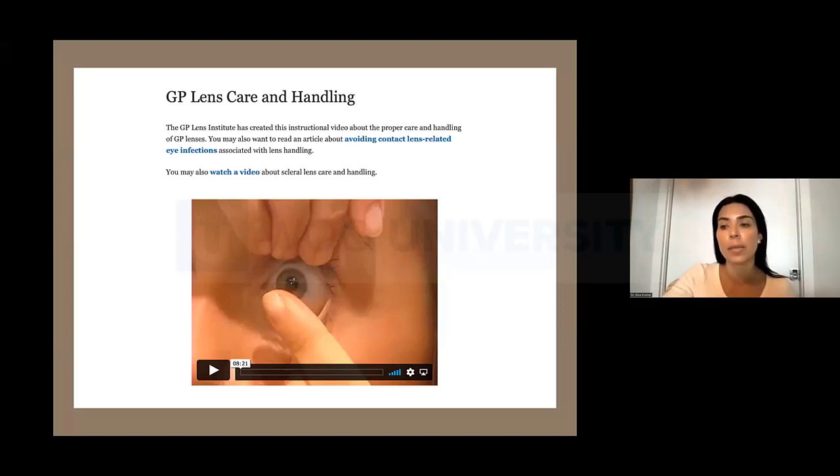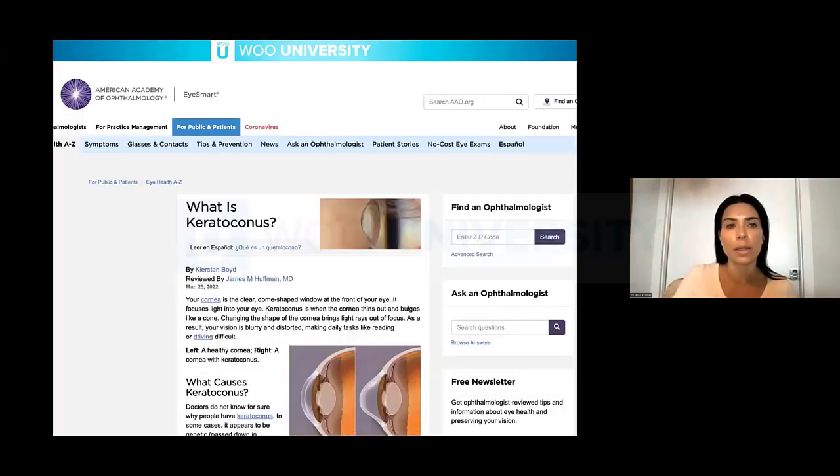You can show it to them, you can send it to them so they can watch it at home. There's also a video about scleral lens care and handling. So again, it's not just diagnosing keratoconus, it's finding resources that your patients can use from when they're diagnosed to when they get their contact lenses, and being comfortable putting them on and taking care of them and everything that goes with keratoconus.